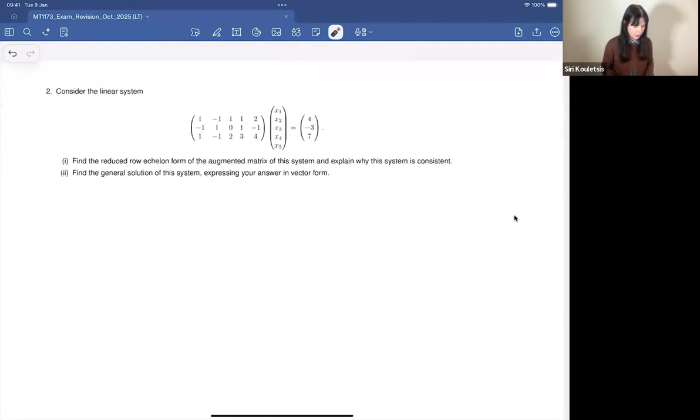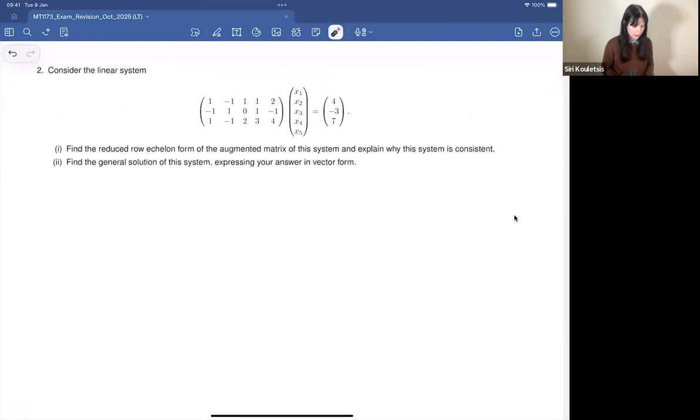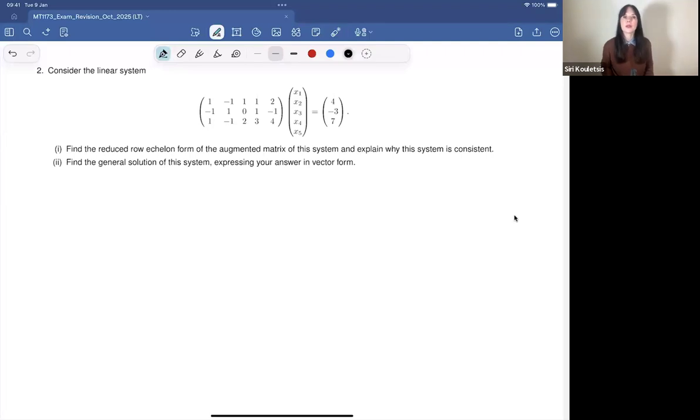Now, moving on to this linear system here, we have 3 equations and 5 unknowns, and 2 tasks here. First, to find the reduced row echelon form of the augmented matrix of this system and explain why the system is consistent.